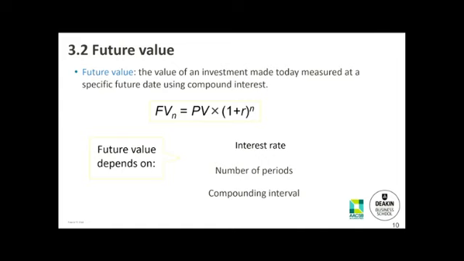And it also depends on the compounding interval. Compounding interval means frequency: monthly, semi-annually, or annually. If it's compounding monthly, your future value will be higher than the future value of compounding annually. Okay? The higher the compounding frequency, the higher the future value. So basically, if the interest rate increases, or if n increases, the future value increases. Up to this stage, any questions?